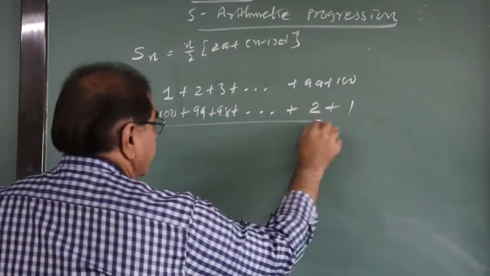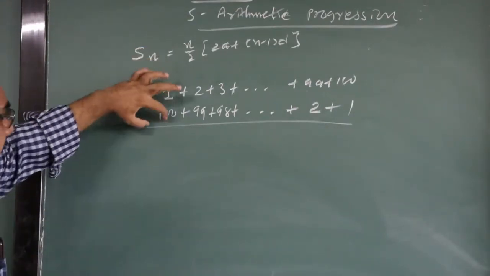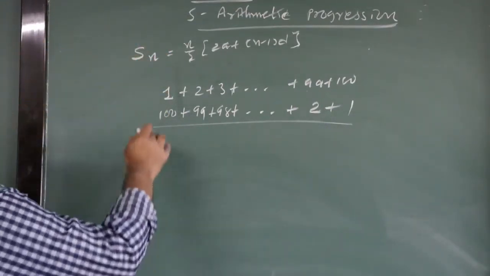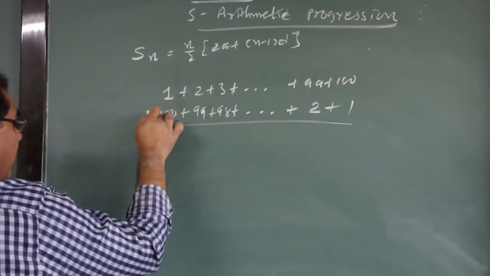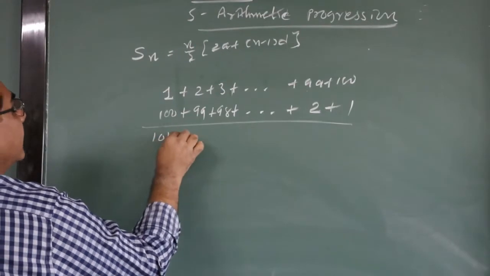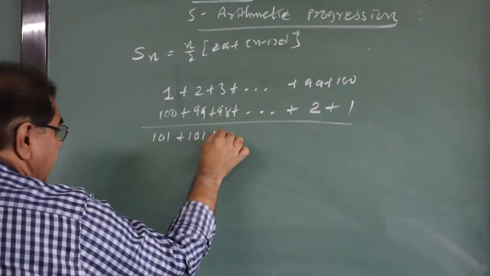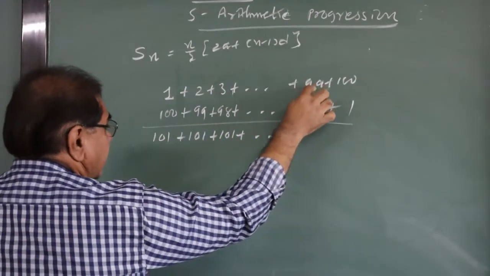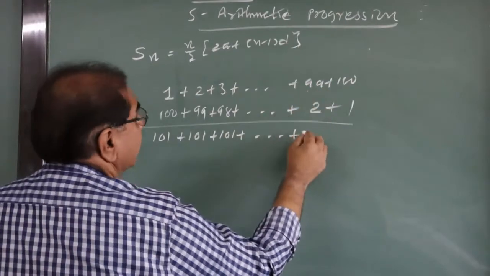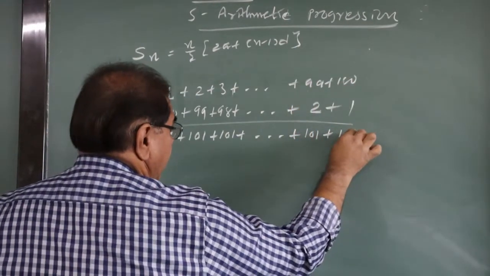So he wrote the numbers 2 times. Then he took the sum of both the rows term-wise: first with first, second with second, third with third, that way. So 1 plus 100, 101. 2 plus 99, 101. 3 plus 98, 101. Plus dot dot dot. Second last, 99 plus 2, 101. 100 plus 1, 101.